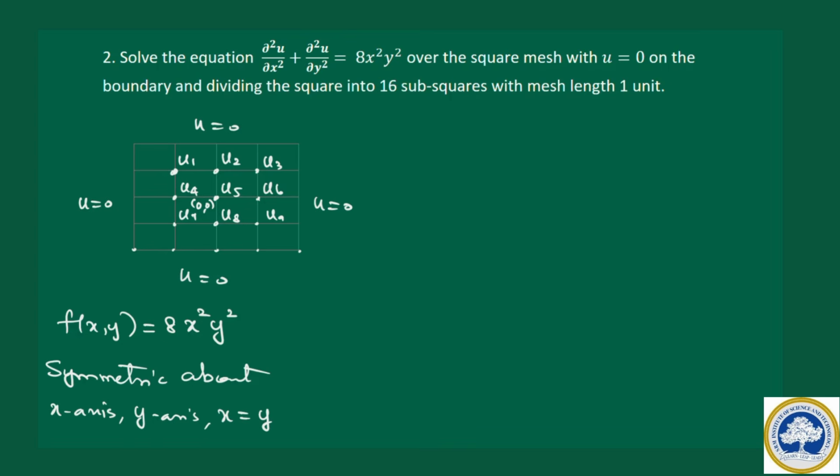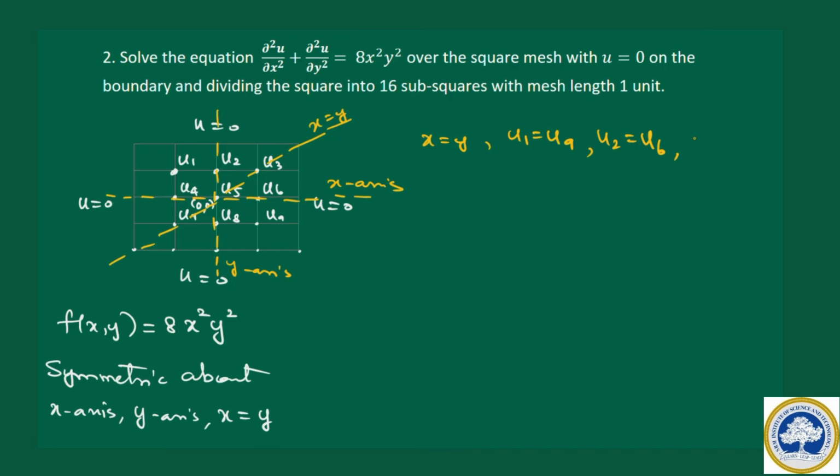About this line, what are the elements that coincide? u1 will coincide with u9, then u2 with u6, and u4 with u8.